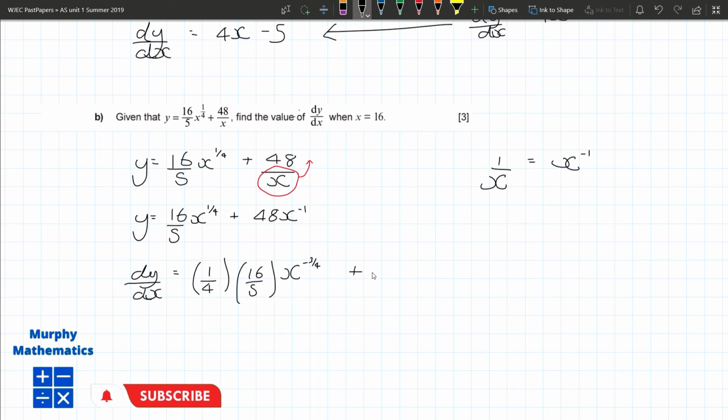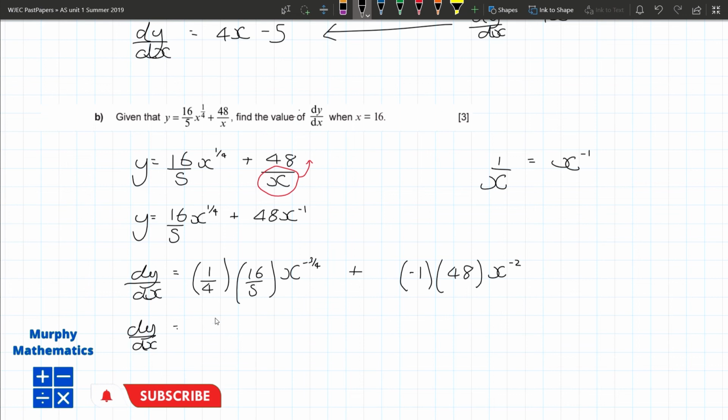Okay, so then plus 48, well, we could do times by the power, so we got minus 1 times by 48. Okay, now we just need to drop the power by 1, so minus 1, so it'll be x to the power negative 2.